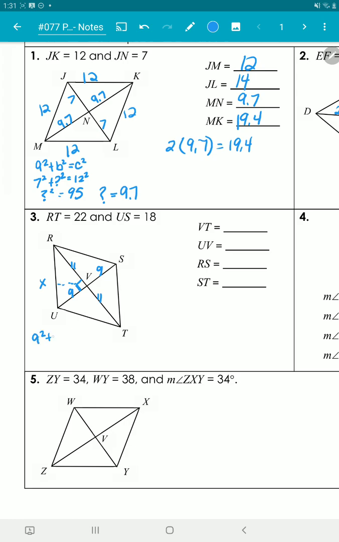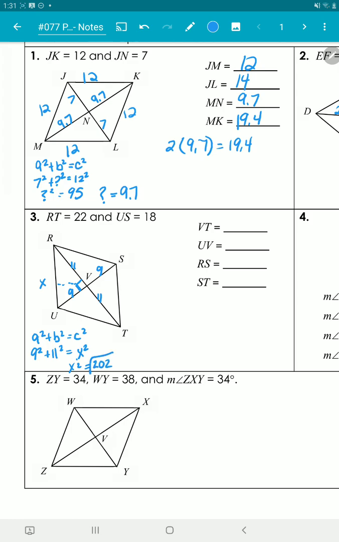So we have a squared plus b squared equals c squared. So we have 9 squared plus 11 squared equals this x squared that we're looking for. If we calculate 9 squared plus 11 squared, you get about 202.